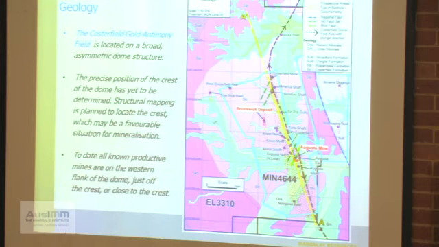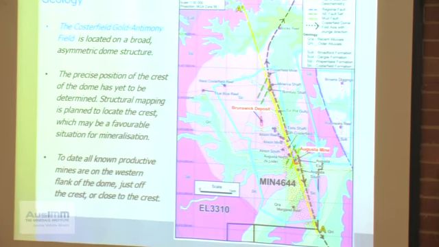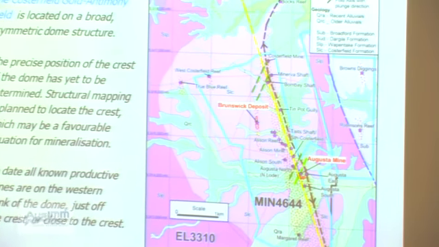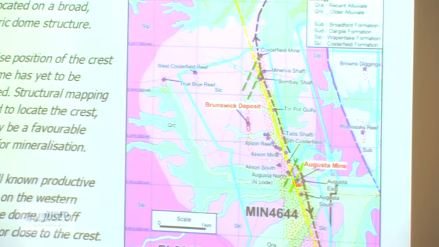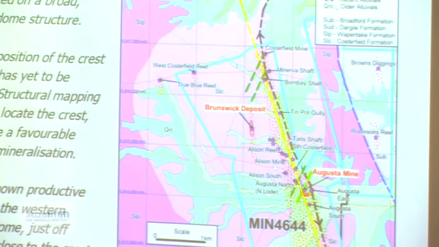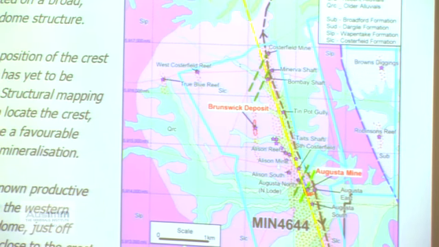The light purple is the Costerfield siltstone, and that is allowing us to see the Costerfield dome, and that's where our principal area of interest is. It's looking at the axial plane, which you can see in the black dotted line, and that is really our focus of looking at extending our resource and exploration successes.